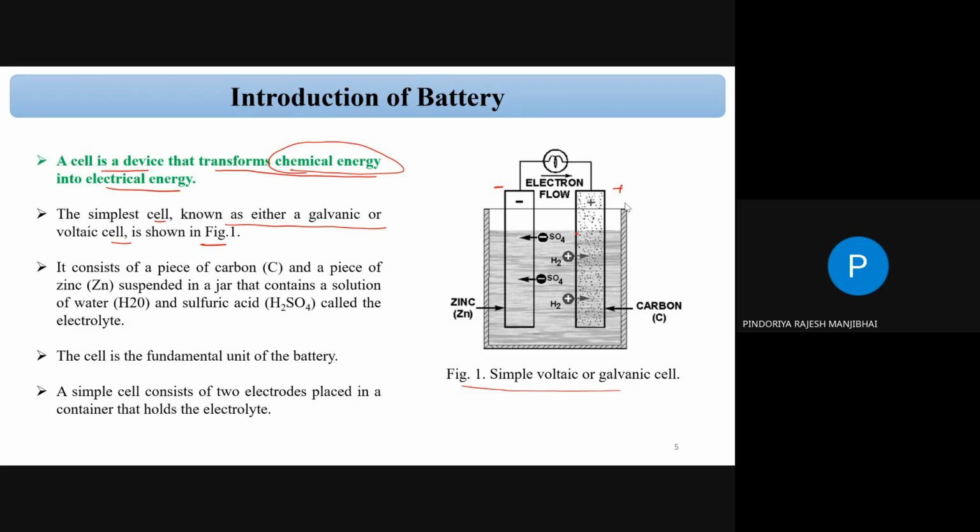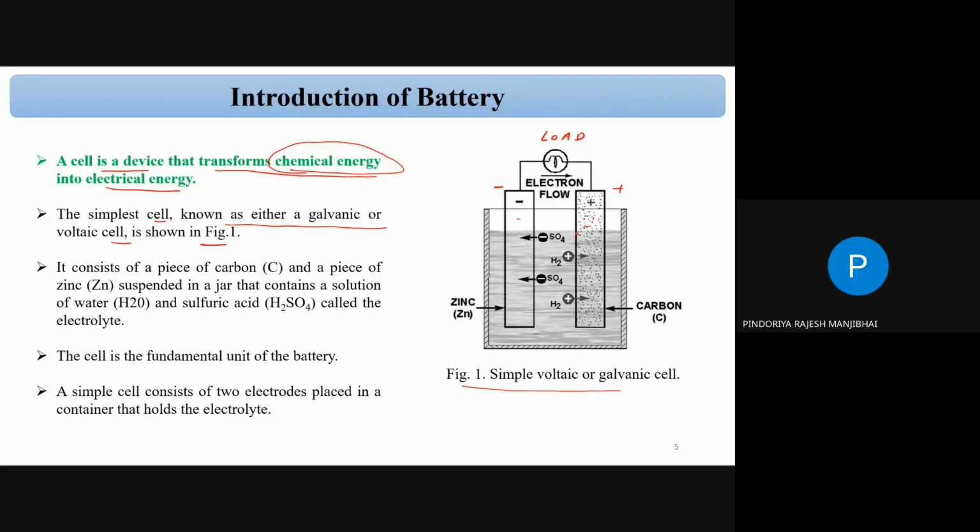In between we have to connect the load, and the load may be any type of load, correct? Which terminal is positive or negative depends on the material, maybe a lithium ion cell, maybe a lead acid battery.